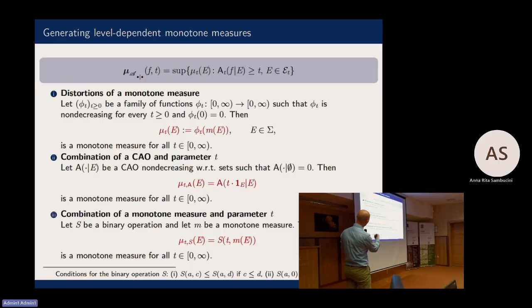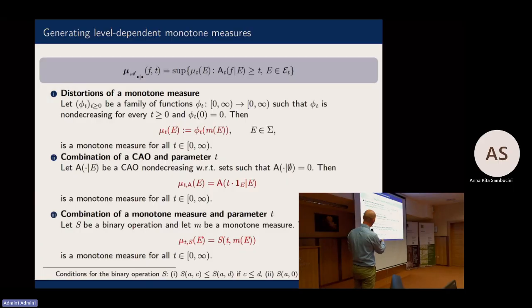The standard things, just to recall: take a measure, take some family of functions parameterized by t and apply it, and you get a parametric system of measures. Or a combination of aggregation and parameter means take an aggregation over an indicator function multiplied by t, and you get, again, a parametric system of monotone measures.